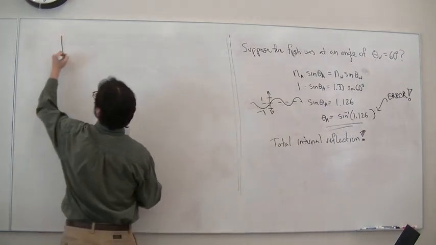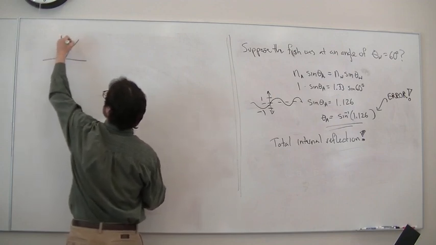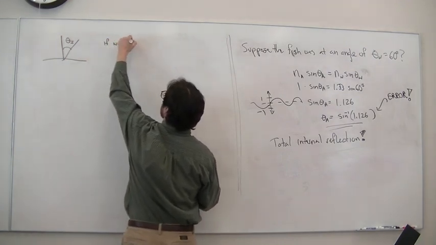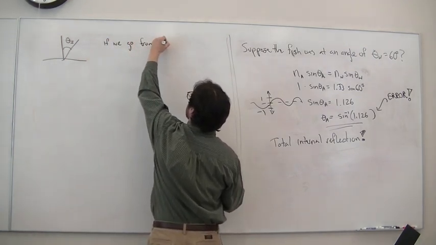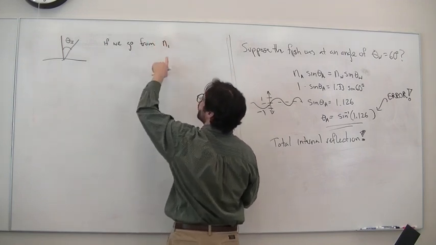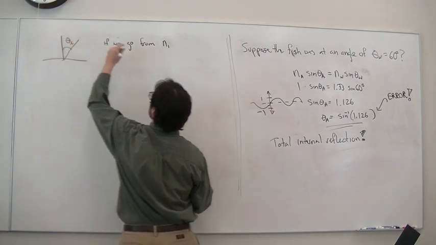So here's a theta, and this is theta incident. This only works when you're going from n1, so actually a better thing to do would be call this theta 1.